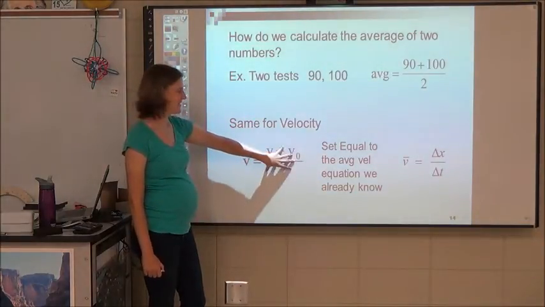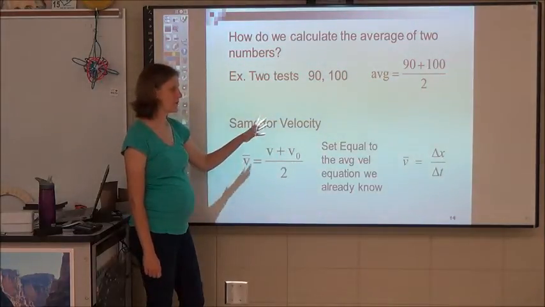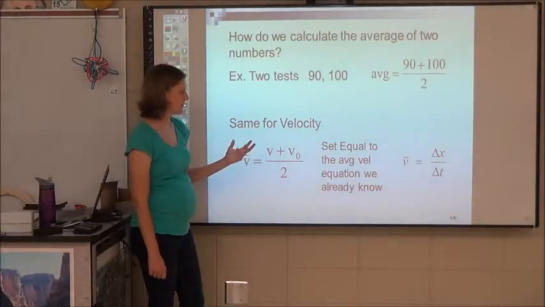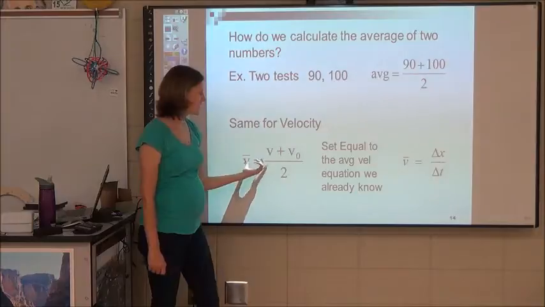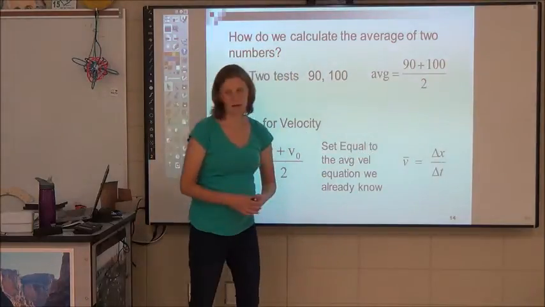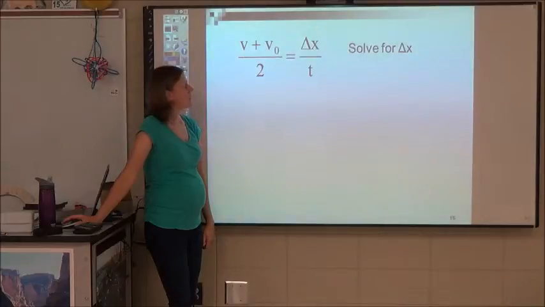Assuming I had a steady rate of acceleration there, which we are assuming when we come up with these equations. So that's an average velocity equation. That's an average velocity equation. We're just going to stick them together and solve for position.